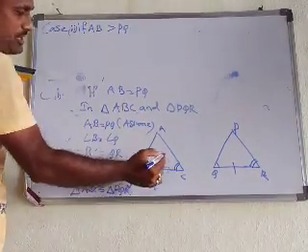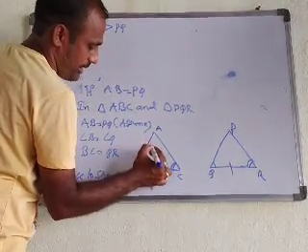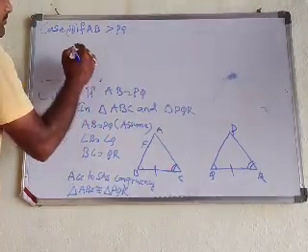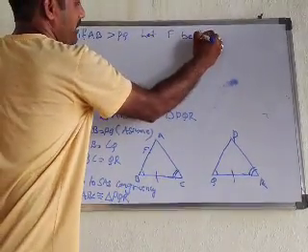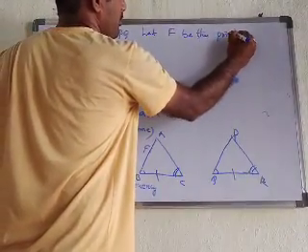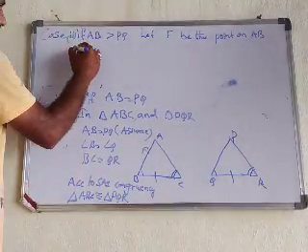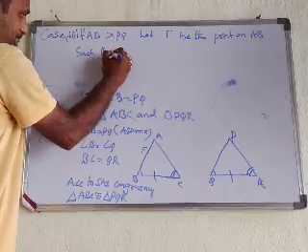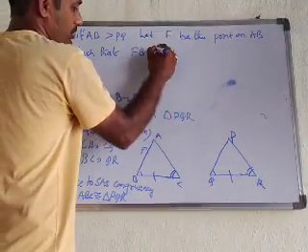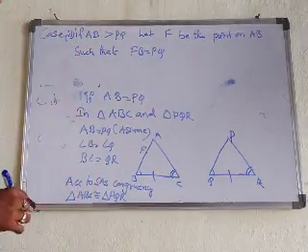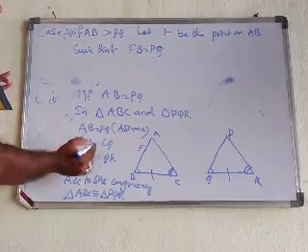Then we can assume one more point, F, on AB. Let F be the point on AB such that FB is equal to PQ. We get this from the given diagram.